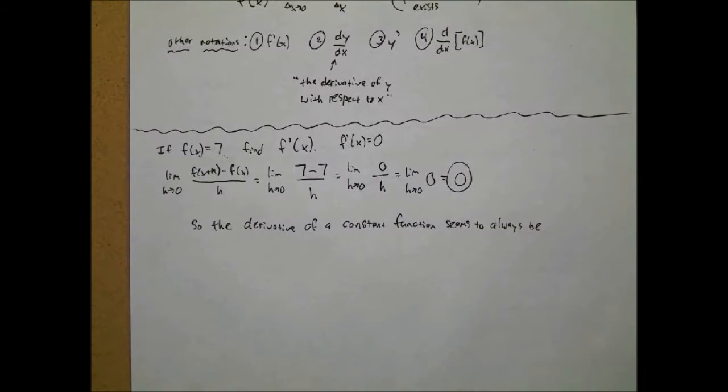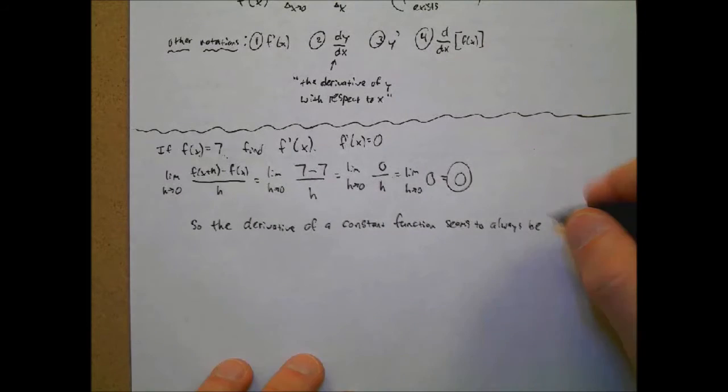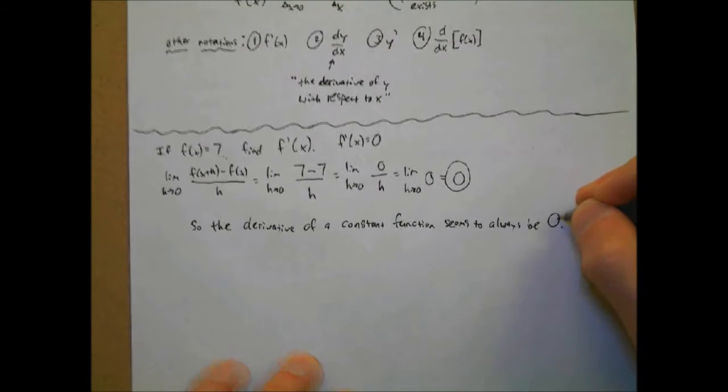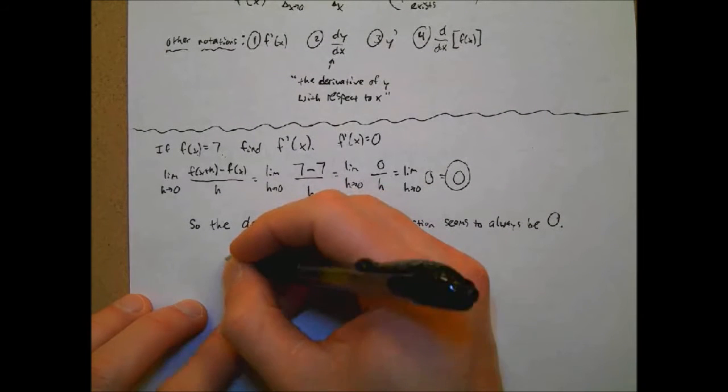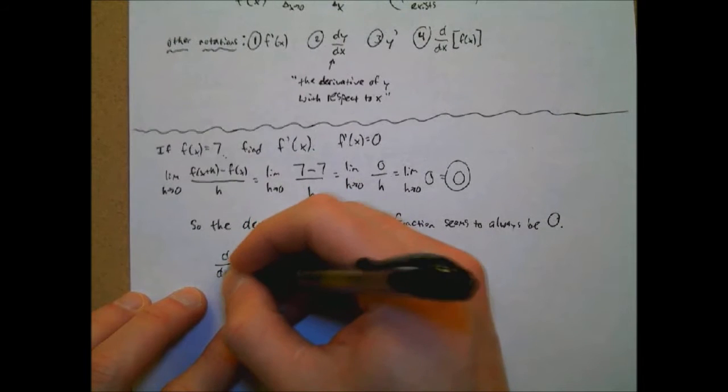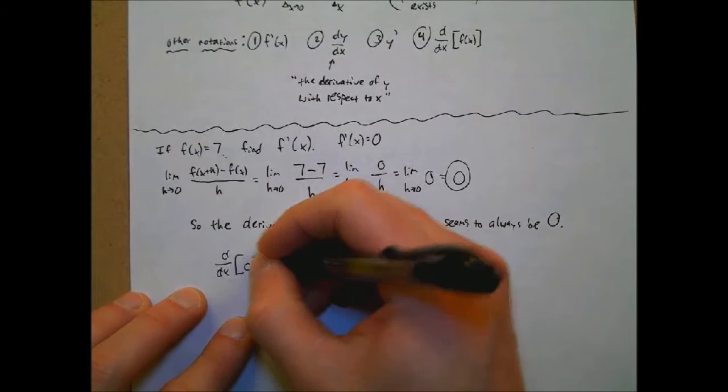If you're always taking the derivative of a constant function, which is going to be a horizontal line, what's the slope of a horizontal line? 0. Yeah, 0. Okay? And so in other words, the derivative with respect to x of c equals 0.